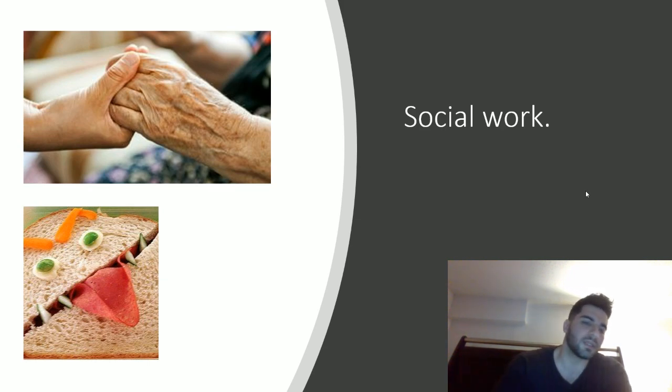On the down part, below the picture, we have a sandwich monster that would remind me of how, in social work, when dealing with families, you have to be, first of all, very serious, but also have a keen eye for the innocence of the house, like the children, the kids.